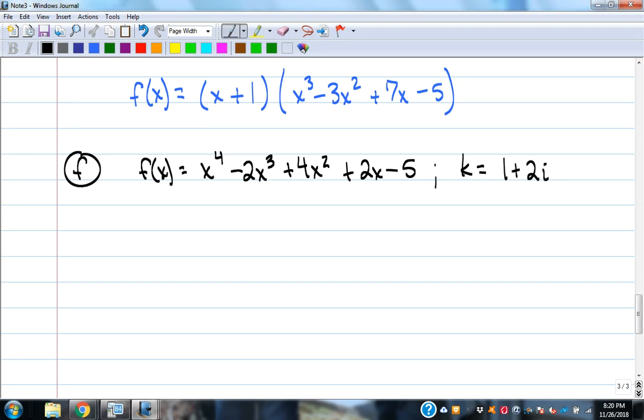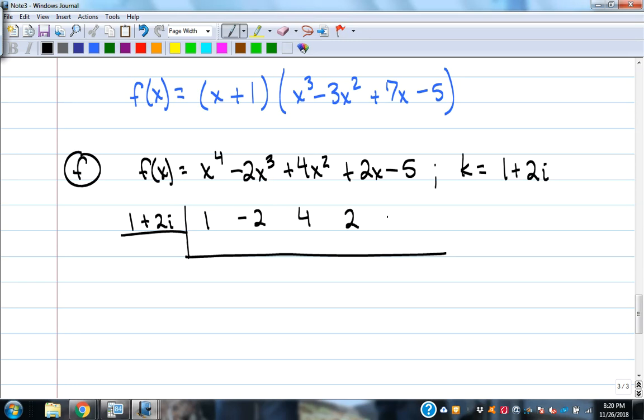On the shelf is going to be that complex number. We're going to use the calculator to help us some here. Everything else, setup-wise, is exactly the same. I'm just going to spread it out a little bit so that I've got a little bit more room, because I'm dealing with a complex number. It's just bigger.